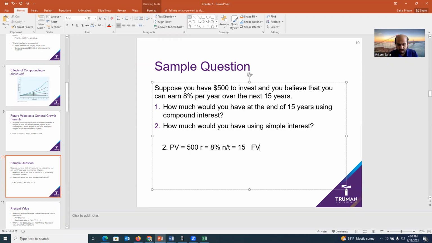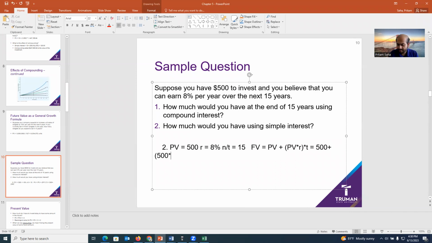Future value should be present value plus the interest you're going to earn, right? You can say present value times R times T.